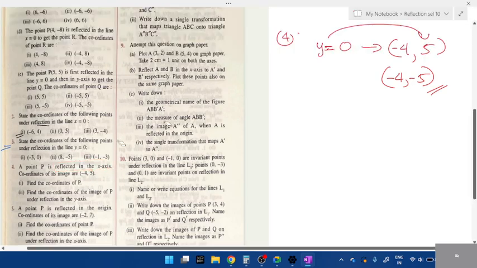Okay, just try to remember because I can't connect it with any other example.